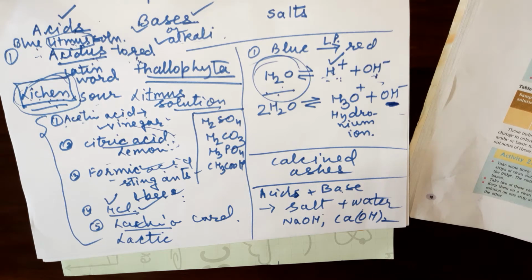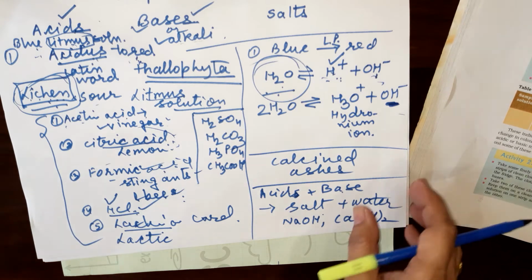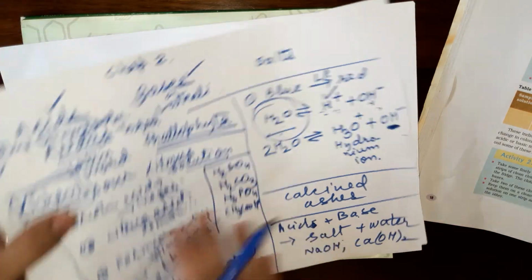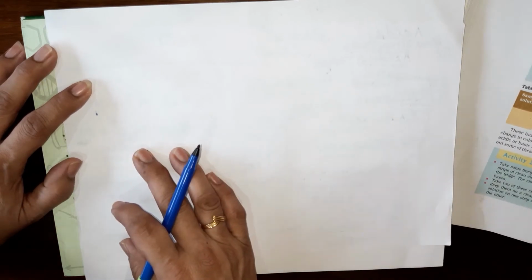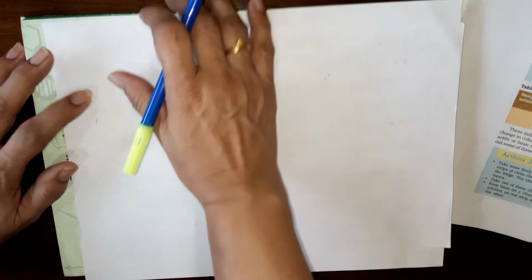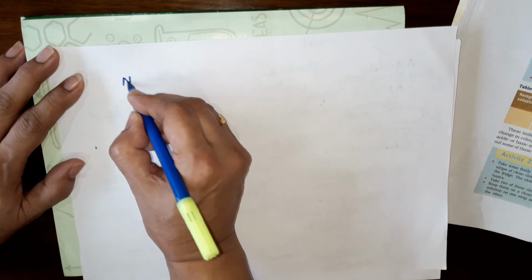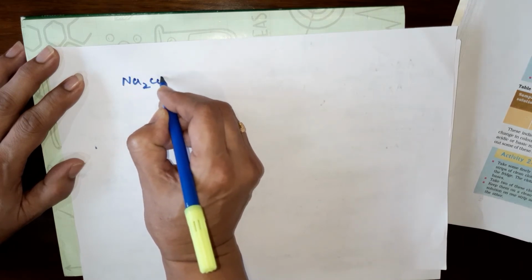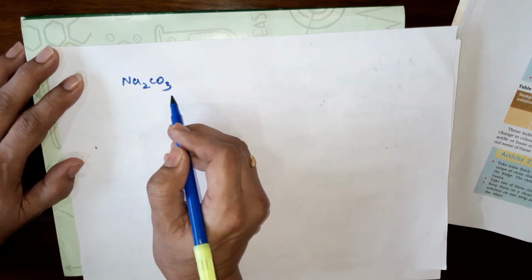Okay. Now chemical properties of acids we will do, so that you will understand them. Action on litmus you know very well. Then, for example, I am taking sodium carbonate, Na2CO3.